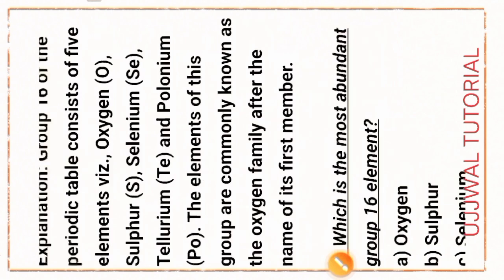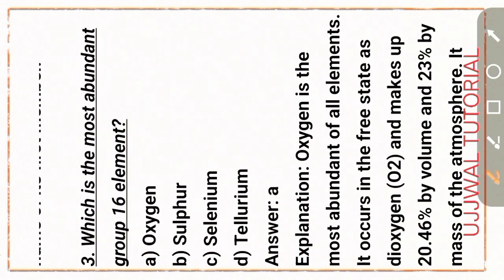Next question, question number 3. Which is the most abundant group 16 element? Abundant means easily found in nature. That is option A, oxygen. To explain, oxygen is the most abundant of all elements.